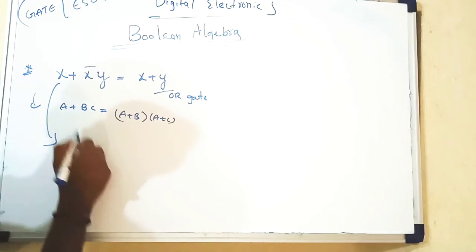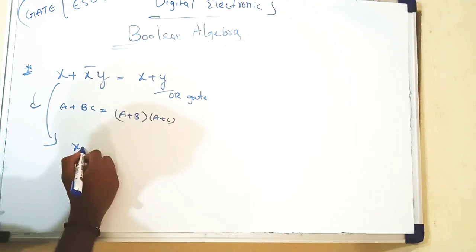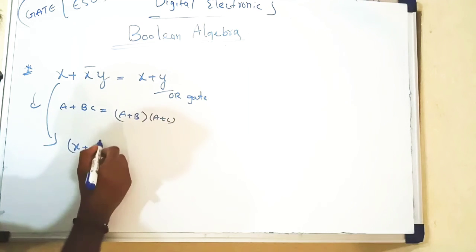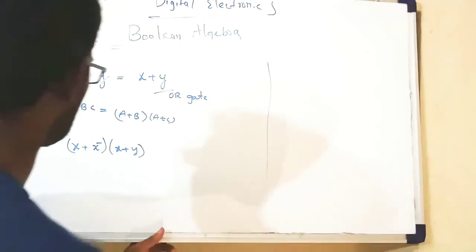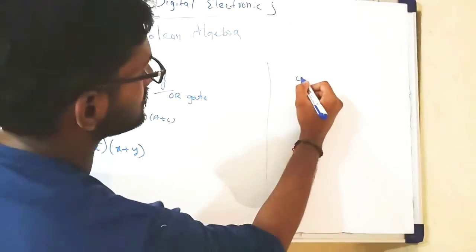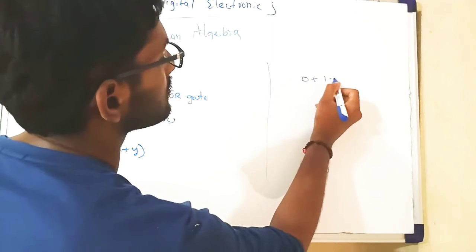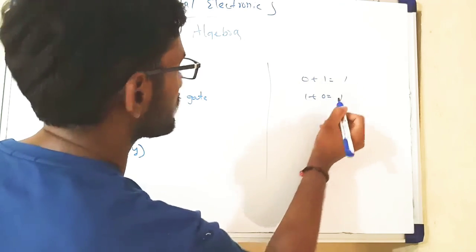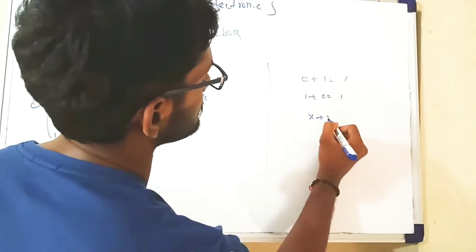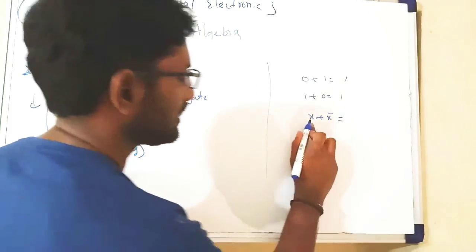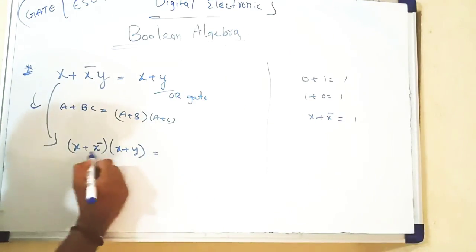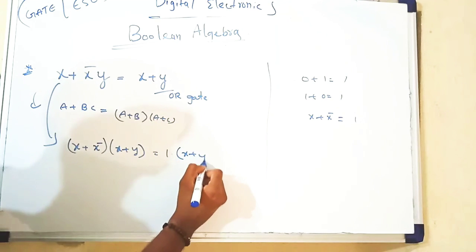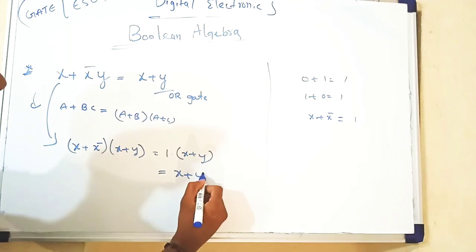Here this is a, this is b, this is c. A plus b means x plus x bar, into x plus y. Previously we have seen that 0 plus 1 is 1, 1 plus 0 is 1. Also x plus x bar, the addition of a term and its complement, has the value 1. So this is 1 into x plus y, which is equal to x plus y.